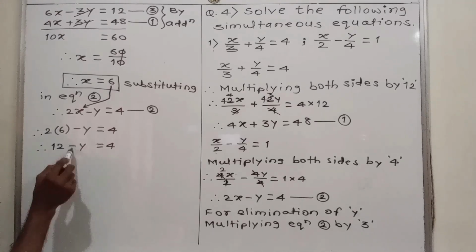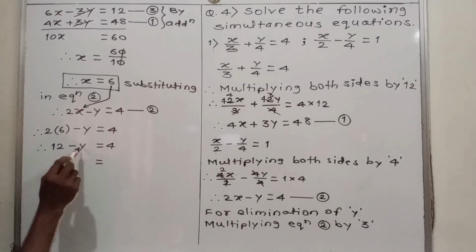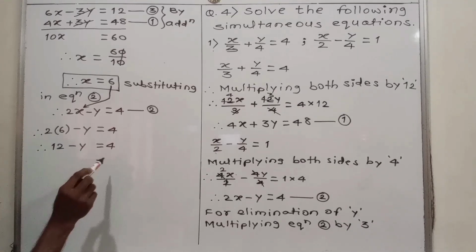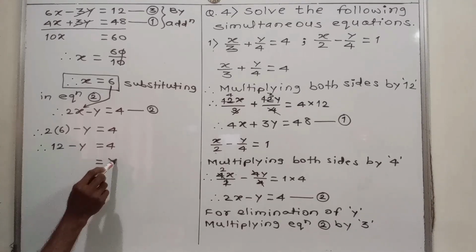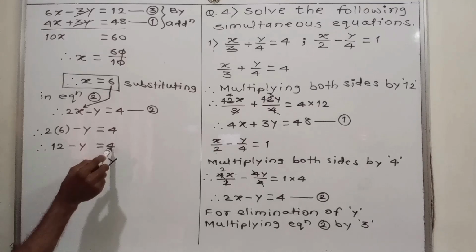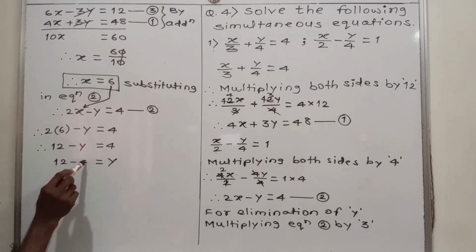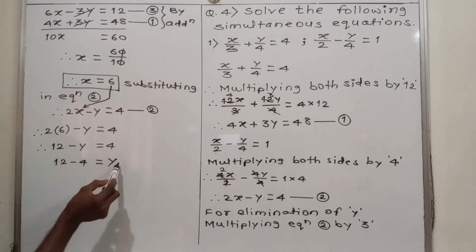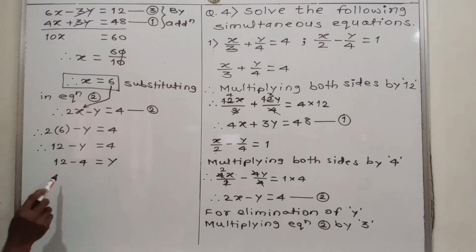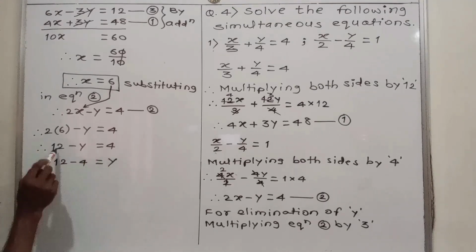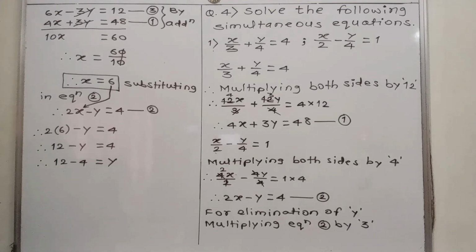We want variable must be positive. So we take this to the right side, and this right side term we take to the left side. Did you get it? Minus becomes plus, and this plus becomes here minus, means like term. These are like terms. We take together.